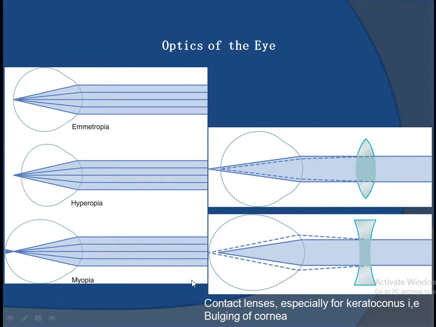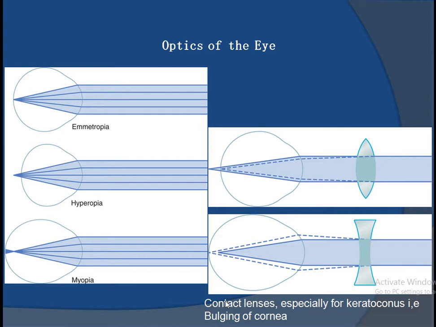As I have told you, most medical students have this condition, myopia, that is, they cannot visualize far objects clearly as compared to near objects, and they are wearing this type of glasses, concave glasses, so that the image is formed on the retina. The other treatment besides these glasses is contact lenses.